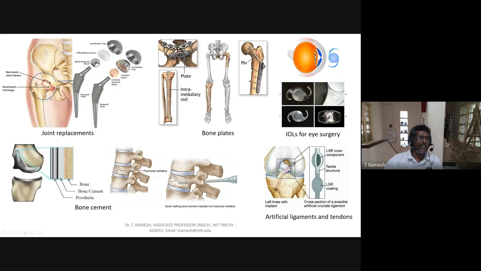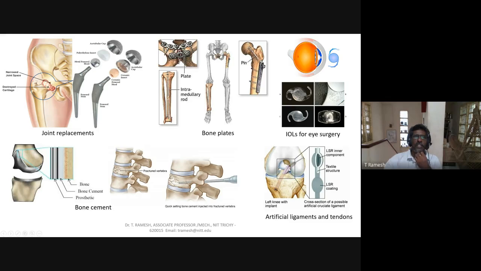So this complete section is replaced by means of either metal or composite materials. See here, it is a polyurethane insert and a metal femoral head, made from a single material like titanium or stainless steel or ceramic or composites, whatever you have.